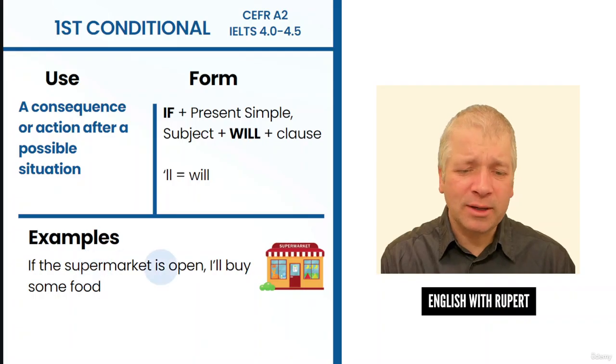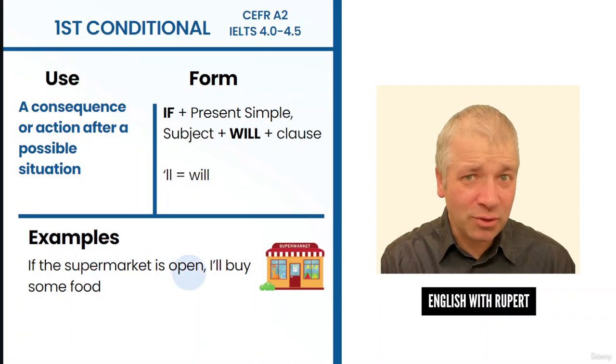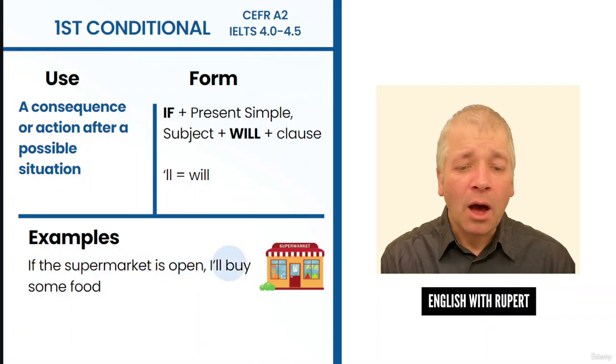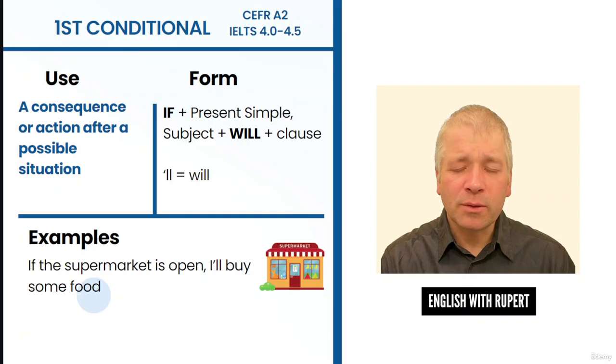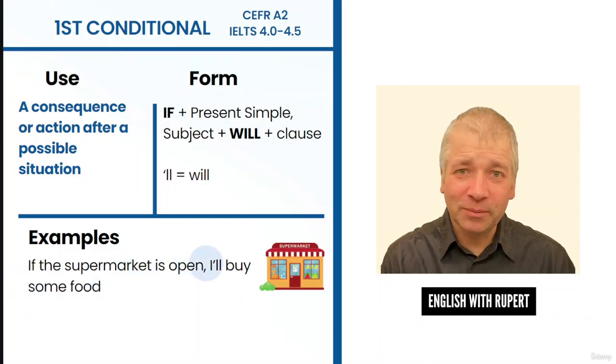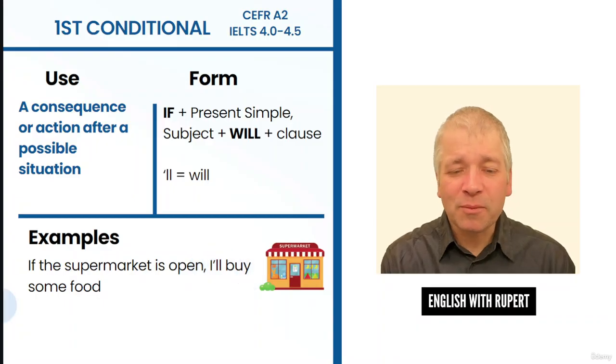If the supermarket is open, if that is true, then I'll or I will buy some food. So the action is I'll buy some food. Possible situation. If true, I'll buy some food.